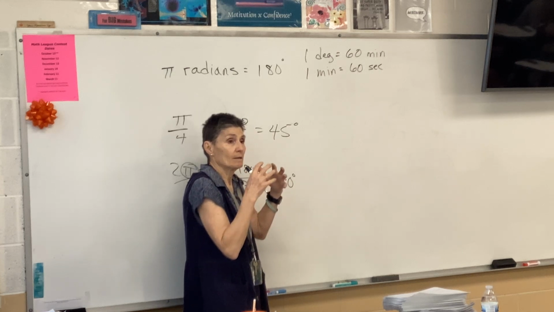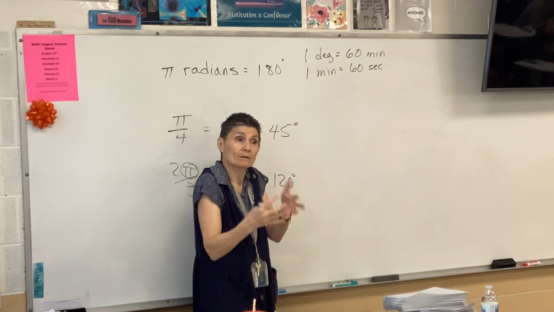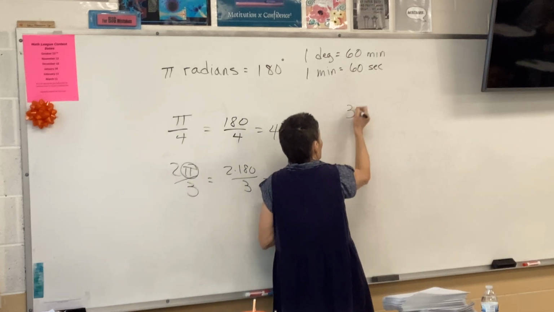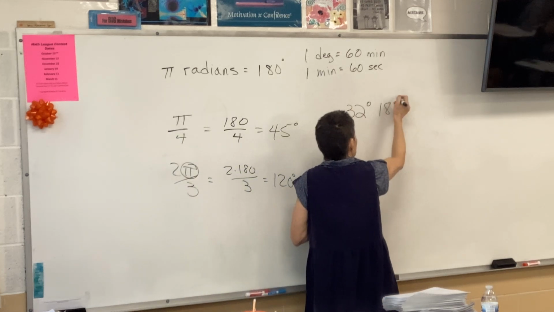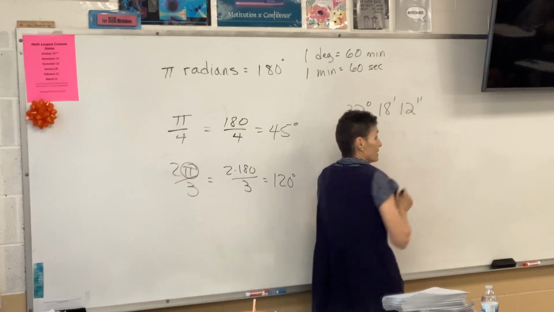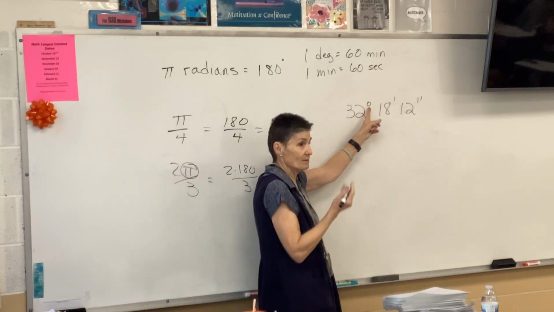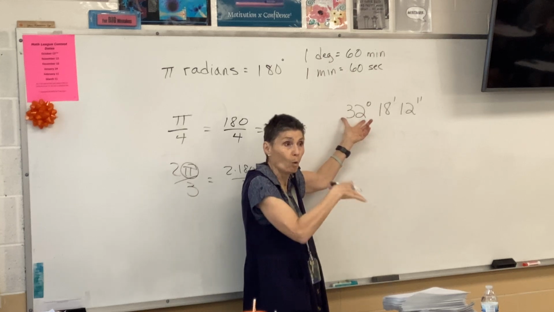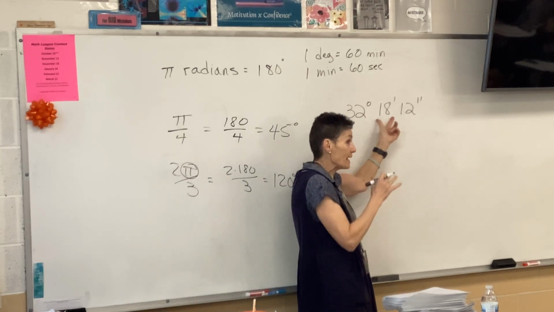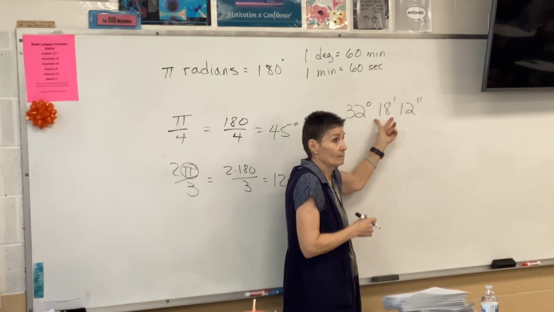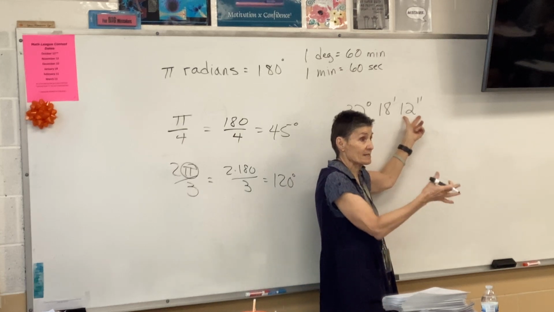When we write an angle with degrees, minutes, and seconds, an example would be 32 degrees, 18 minutes, 12 seconds. That's the notation that we use. So that's 32 whole degrees, 18 sixtieths, and then 12 seconds.